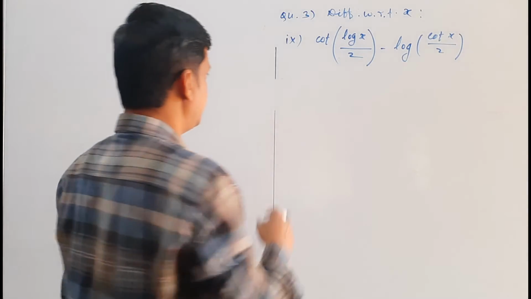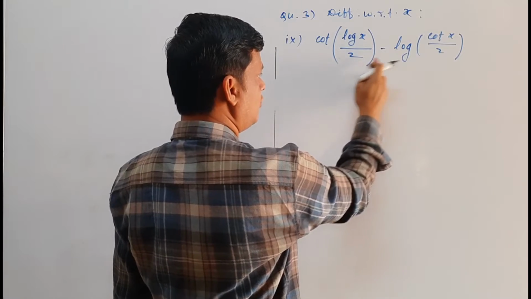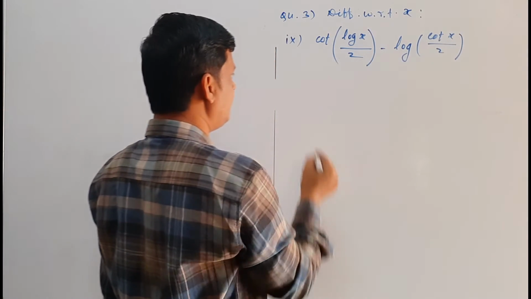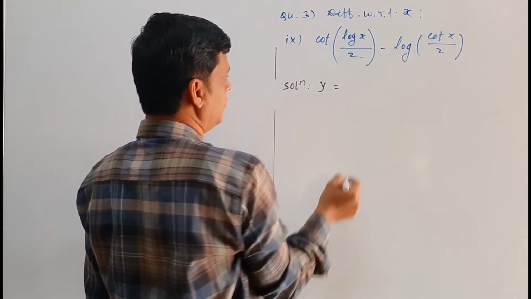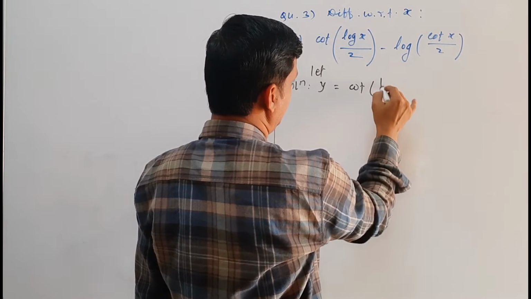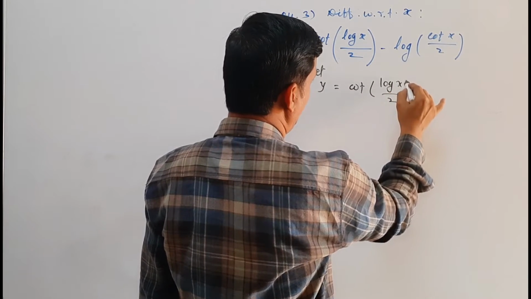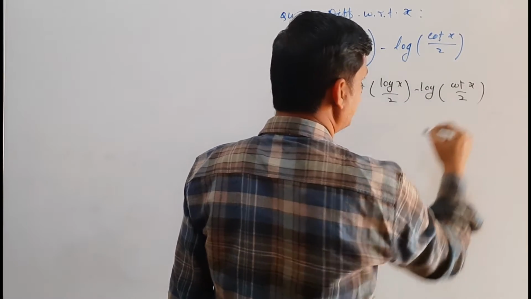Now see the next sub question, question number 9. Cot of log x by 2 minus log of cot x by 2. So first we represent the given function by y. So we write here, let y is equal to cot of log x upon 2 minus log of cot x by 2.